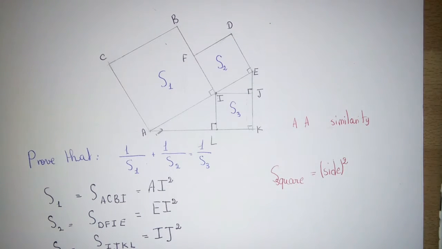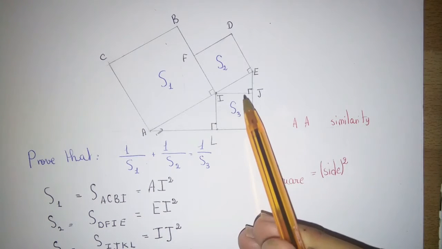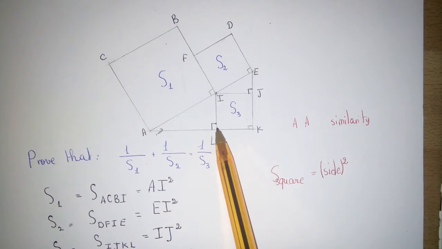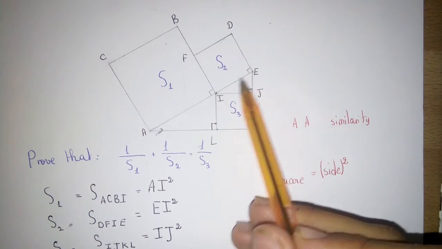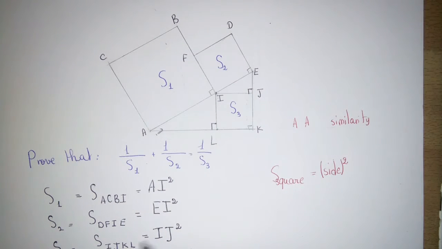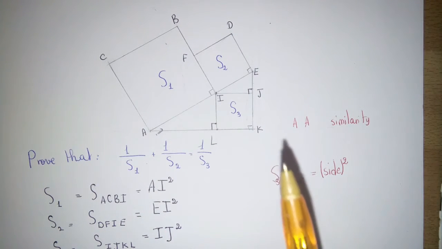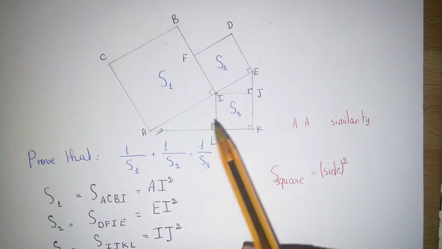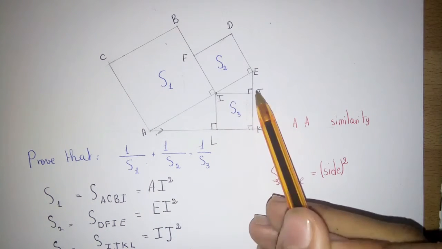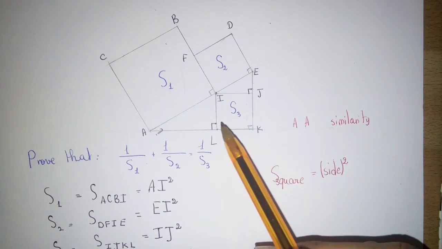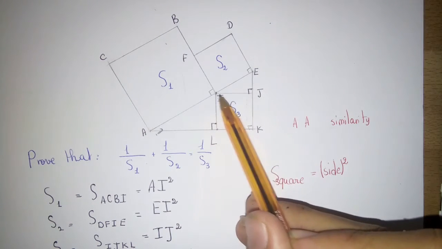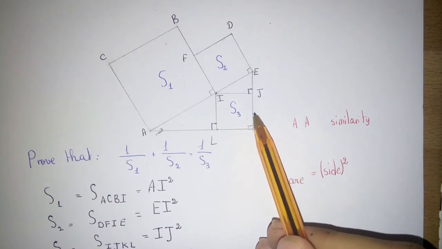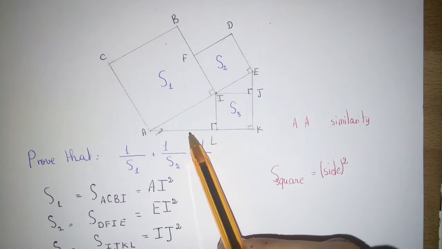So here we already have one angle that is the same, and this is the right angle, here at J and here at L. We need to find two other angles that are the same. Let's think about it. IJKL is a square. Therefore, here we have a right angle. And here too we have a right angle.